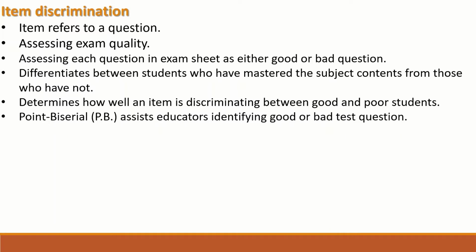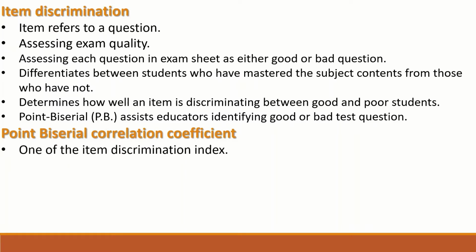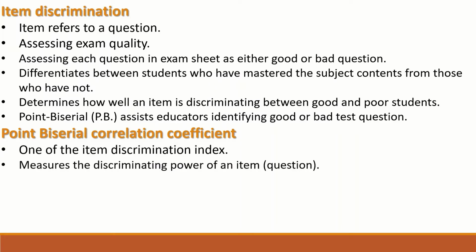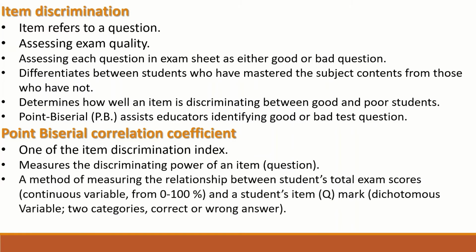Point-biserial correlation coefficient assists the educator or educators to identify good or bad test questions. So the coefficient is one of the item discrimination indices. It does measure the discriminating power of an item or a question.